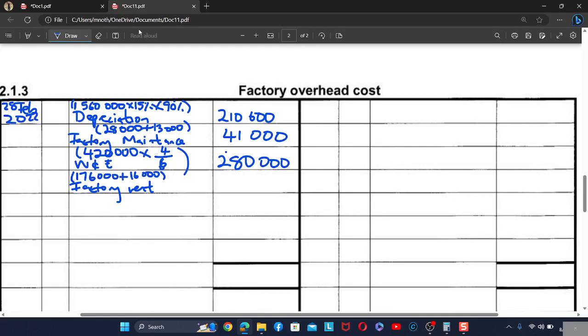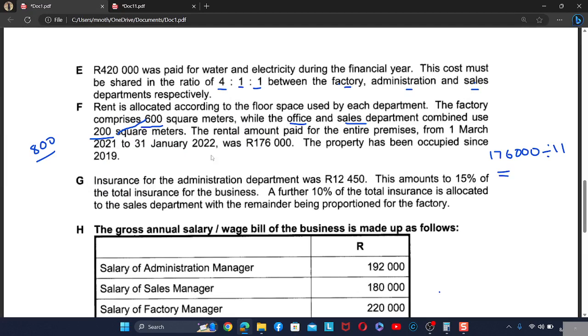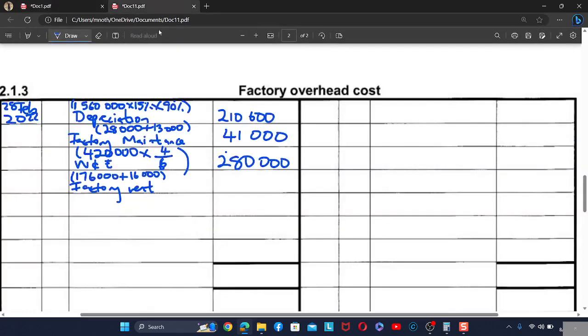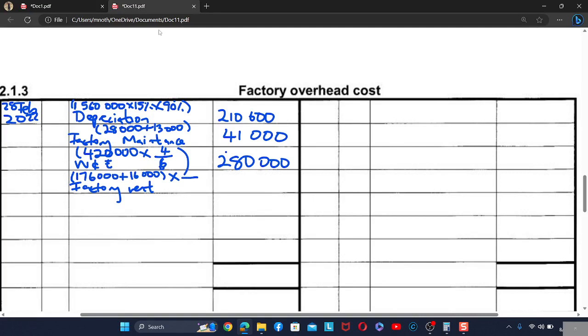Okay. So now, but they are continuing. What are they saying? They said 600 is for the factory, and then another 200 is for the office and sales department. Now, we want to know how much is the amount for the factory. So below we are going to put what we have. What we have is that this rent is for the whole business, meaning it's for the admin, office, and also the factory.